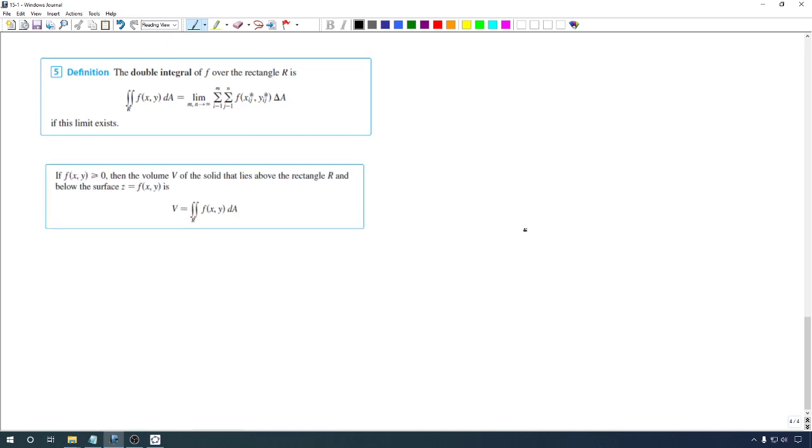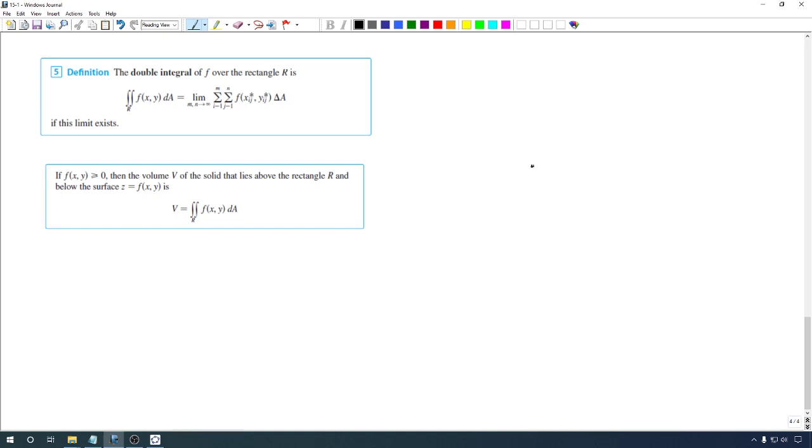In fact, as long as we are assuming that our function is positive, that it doesn't dip below the xy plane, then we'll say that the volume of the solid that lies above that rectangle and below the surface is given by this double integral.